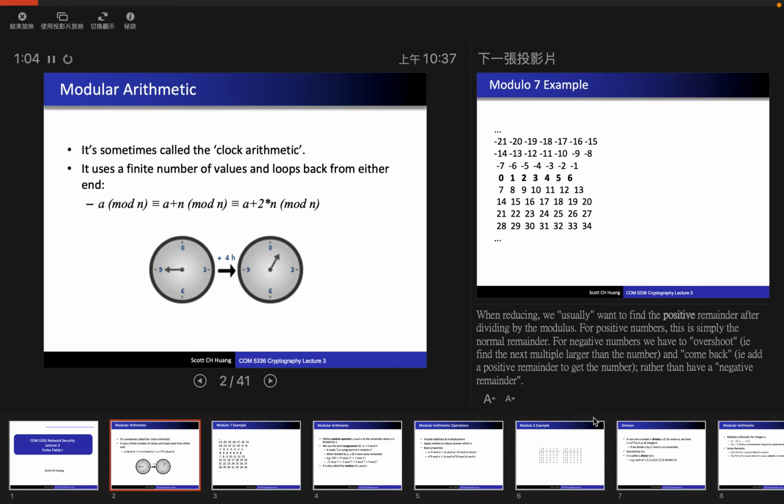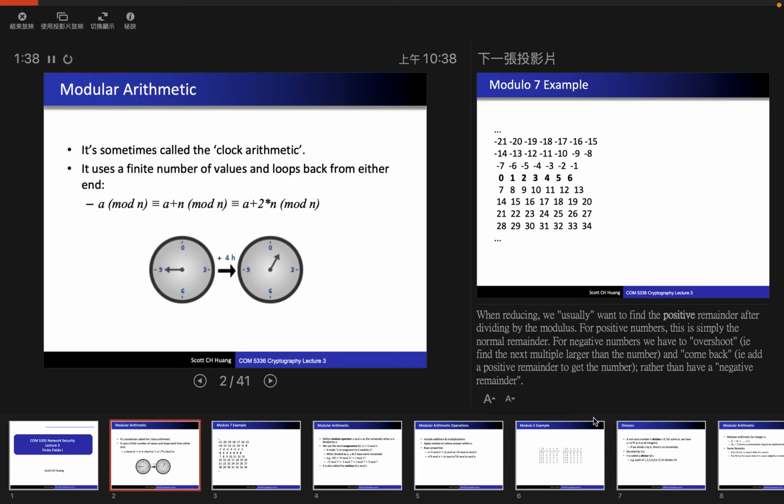The first thing that I want you guys to know is that we have something called modular arithmetic. So this is clock arithmetic. We only have 0 o'clock, 1 o'clock until 11 o'clock, so we only have 12 numbers. But this type of clock arithmetic wraps around. If anything goes to 12 o'clock, we can subtract 12 and then consider it 0 o'clock.